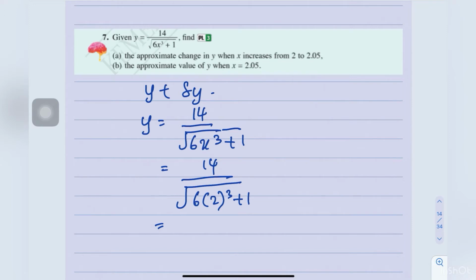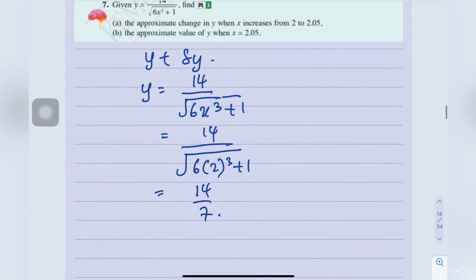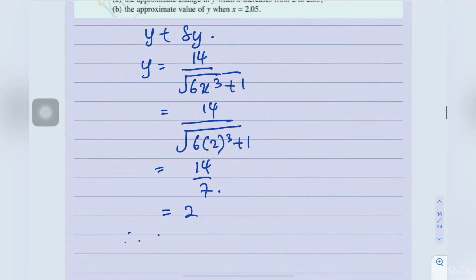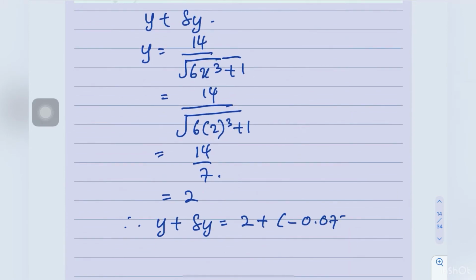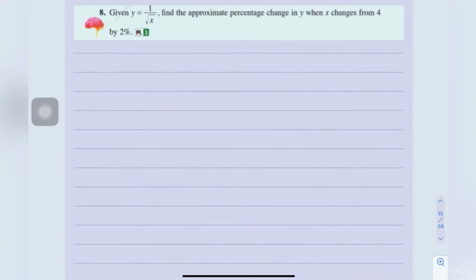The square root is 7, so 14 over 7 is 2. This is the value of y. So y plus delta y, the approximate value of y, is 2 plus negative 0.07347, which equals 1.9265.